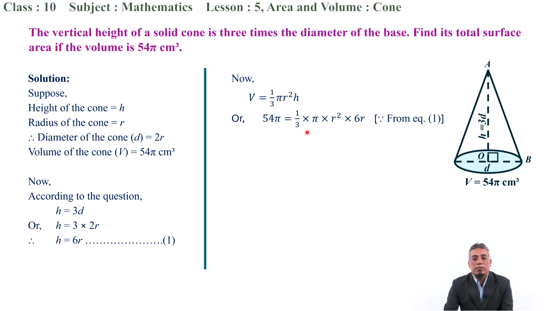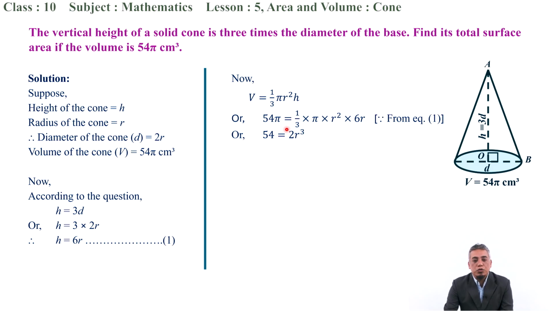So when we multiply r square and r, it will give r cube, and 3 will cancel out 6, giving 2 here, and pi will be cancelled with this pi. Yes, both sides we can cancel, and it gives finally 54, and this 2 is got from 6 by 3 is 2, and r square is multiplied with r to give r cube.